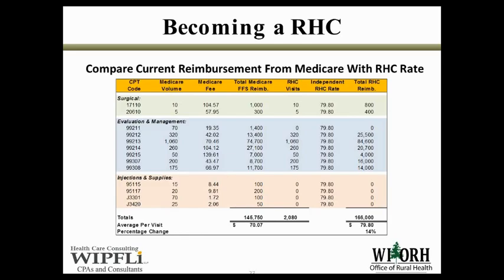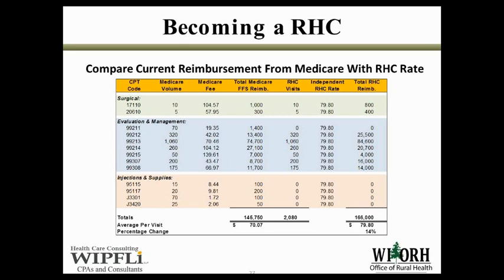One of the initial steps in pursuing rural health clinic certification is doing a financial analysis to determine if there would be a reimbursement benefit to becoming a certified rural health clinic.